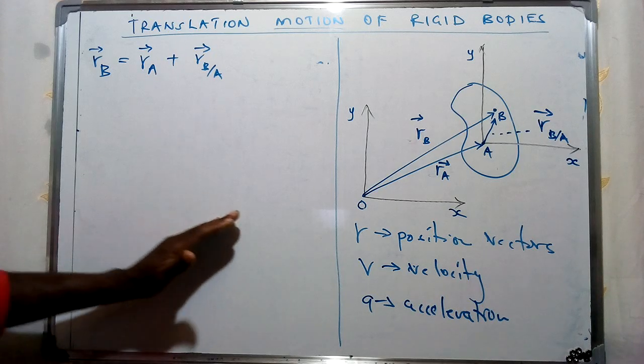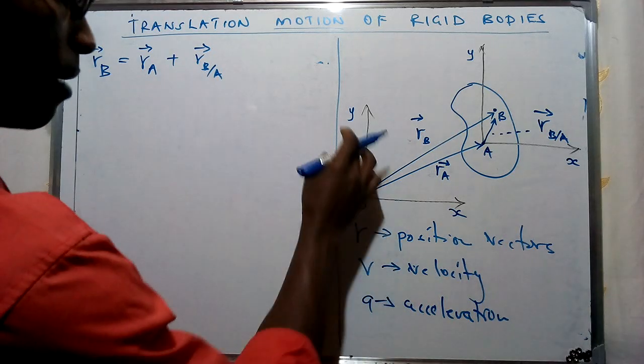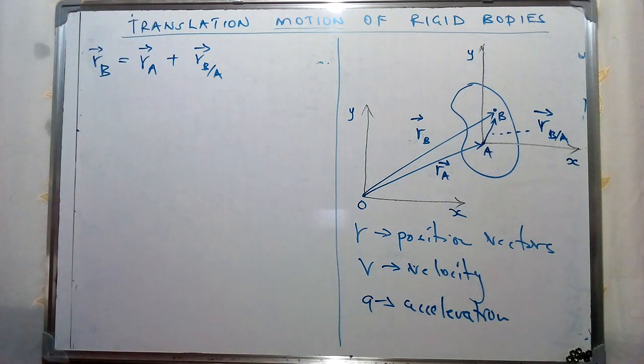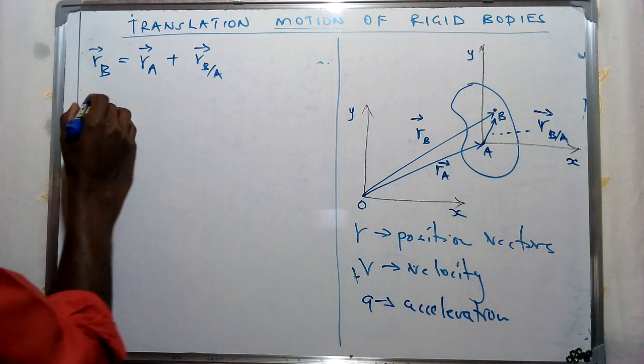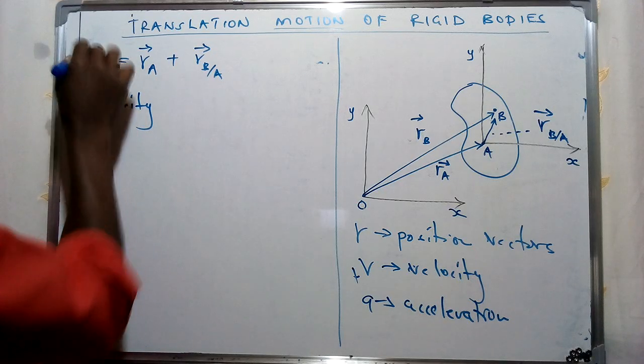So if we consider a fixed coordinate system given in terms of x and y with the origin, these position vectors can be described in terms of a velocity component, and therefore we're going to describe the velocity of this particular system.